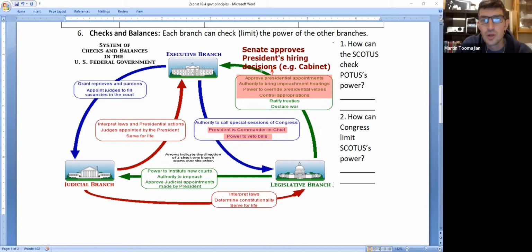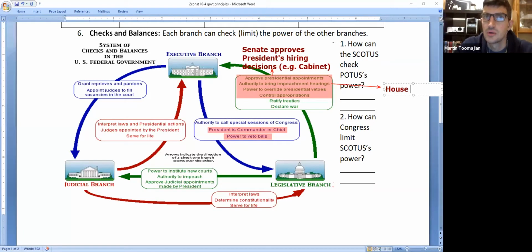Number 2, the authority to bring impeachment hearings. It doesn't get any more serious than this. So let's move this over here. Impeachment is how you get rid of a president. If you really don't like a president, there is a 2-step process: impeachment and removal.